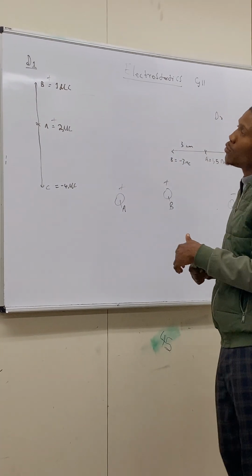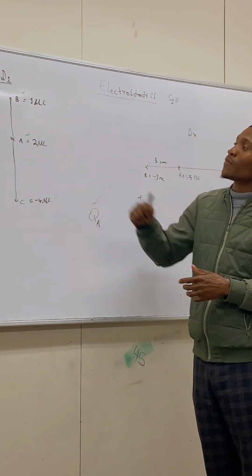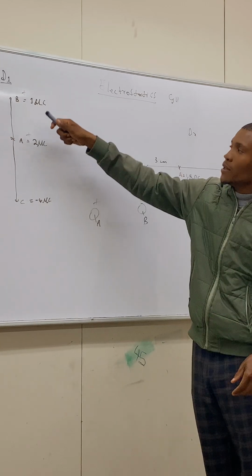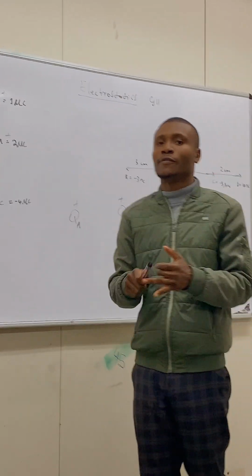So we have to draw the free body diagram on A due to B and C. Remember, we have a force diagram and a free body diagram.